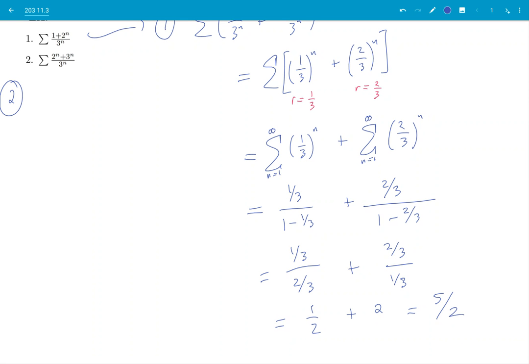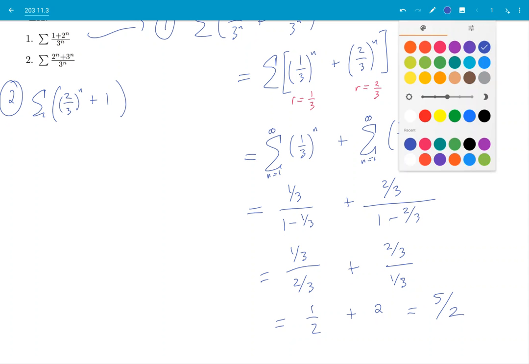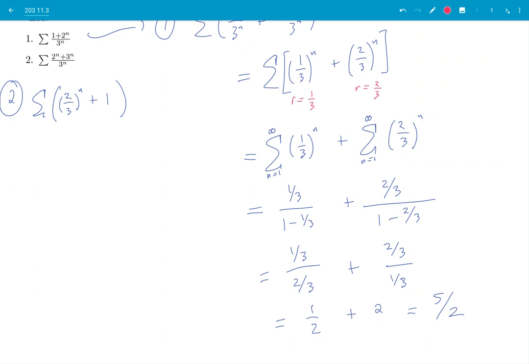For number 2 here, I have a problem. You can break it up and write it like this, right? Here you could think of it as R is equal to 1. Put in, artificially, you can put an n there and say R is equal to 1.